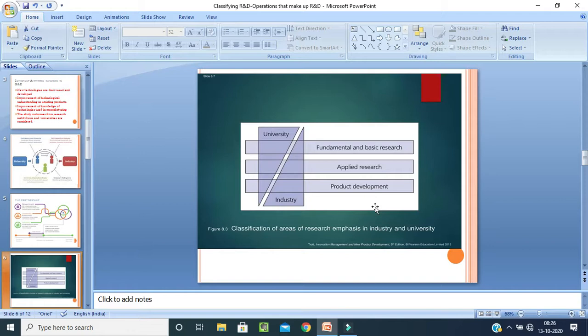What do you mean by fundamental or basic research? Fundamental and basic research includes work of a general nature, applied in different areas, leading to new knowledge about an area. That means it is known as science in general, performed by the laboratories of large organizations and universities.